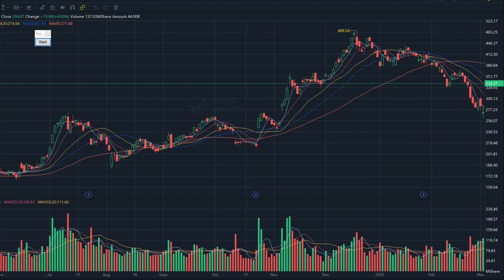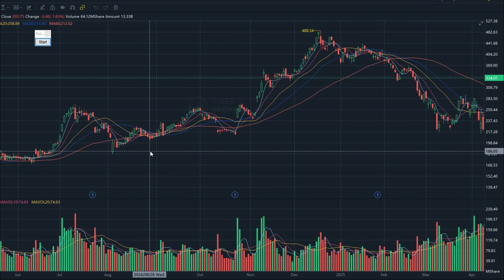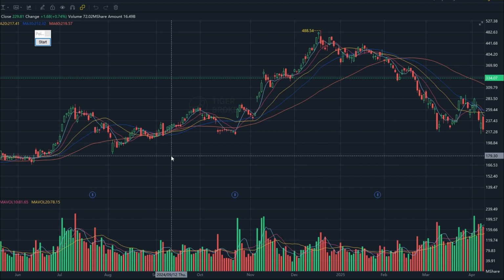For example, when volume spikes at a high level, it could indicate distribution. Smart money is selling off, a sign that the stock may be topping out. But when volume rises steadily at low levels, it often signals institutional buying. That builds a strong foundation for a potential uptrend. It helps fuel a price breakout. So volume has different meanings depending on its position. We need to read it carefully.